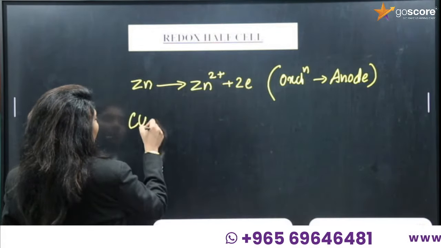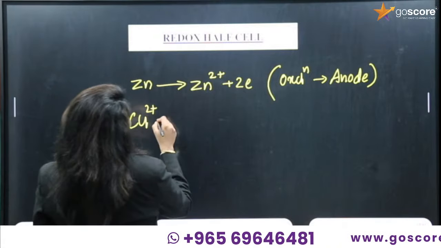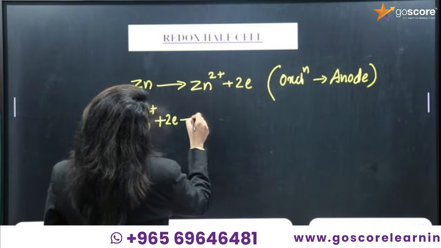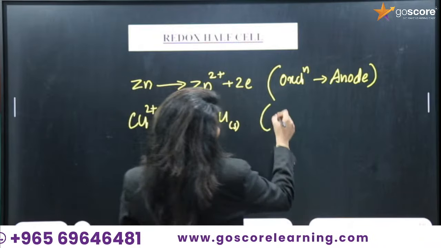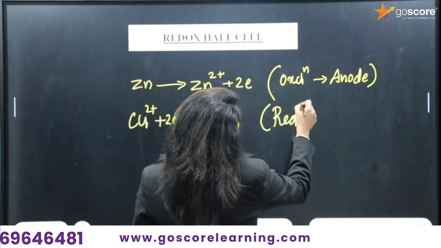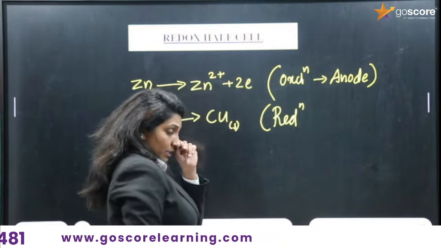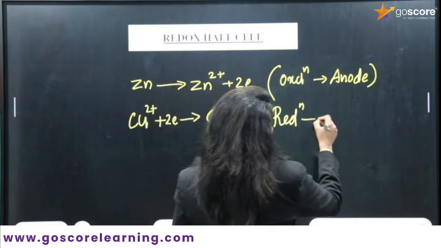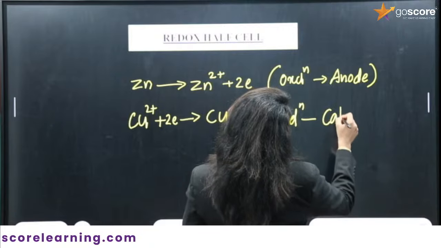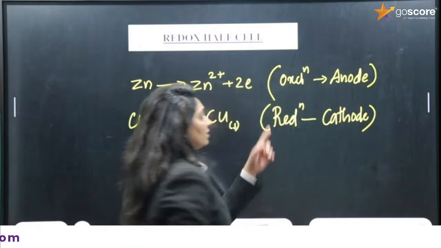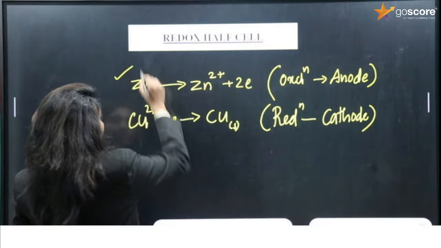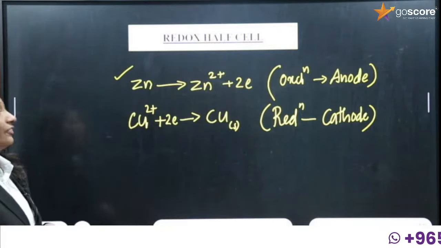And the Cu2+ ion is gaining 2 electrons and converting into solid copper. Gaining of electrons means it is reduction, and reduction occurs at the cathode, right? So this is the oxidation half cell and this is the reduction half cell.